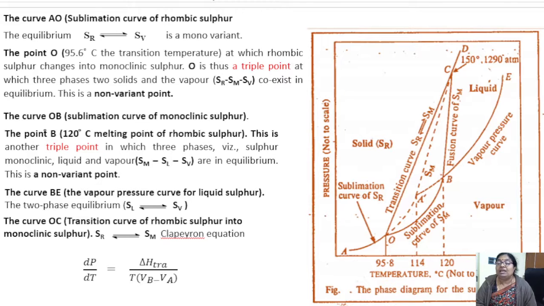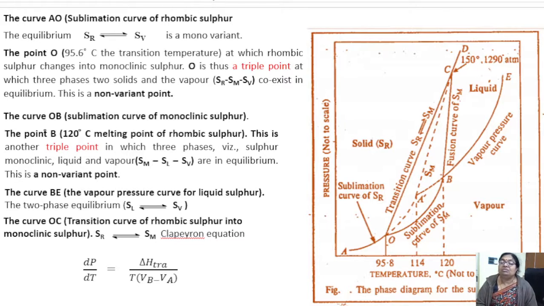This OB curve is also, I mean, it is not bivariant, it should be monovariant, because on this OB curve equilibrium exists between monoclinic sulfur and the sulfur vapor. Therefore this is also a monovariant system.